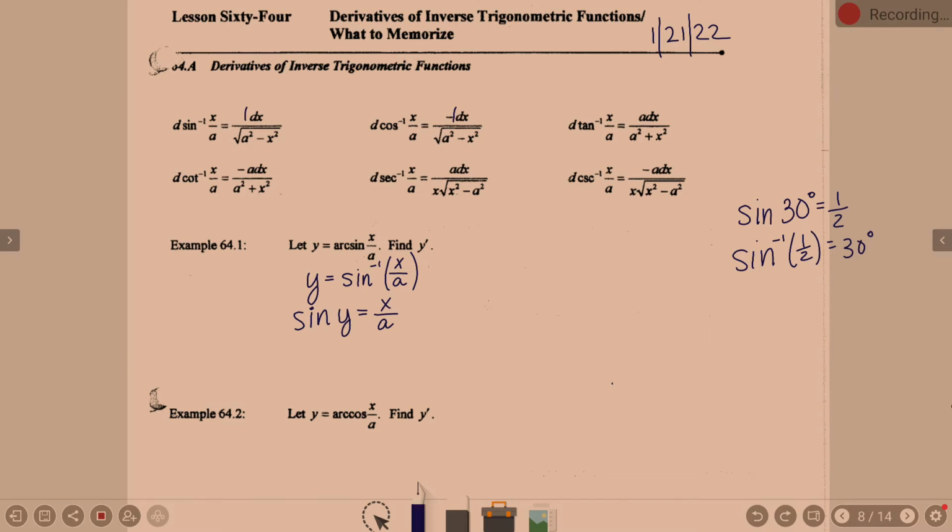Notice we've got y and x, so we're going to have to use our differentials of x and y in here. What is the derivative of sine of y? Okay, so the derivative of sine of something is cosine of something. So the derivative of sine of y is cosine y, and then we're going to say times dy, because again, we've got y's and x's in here.